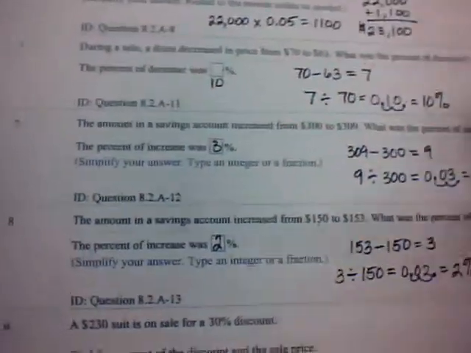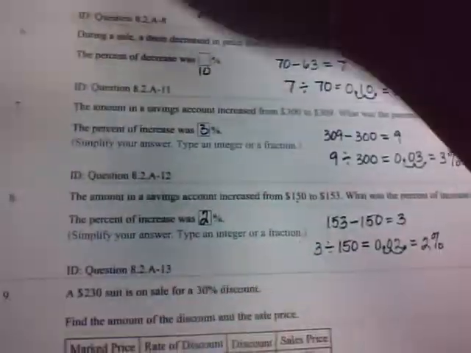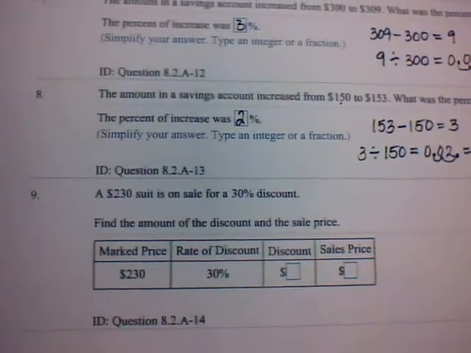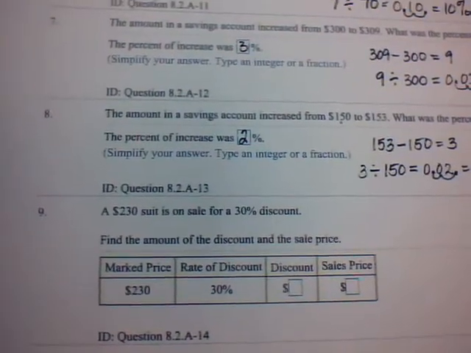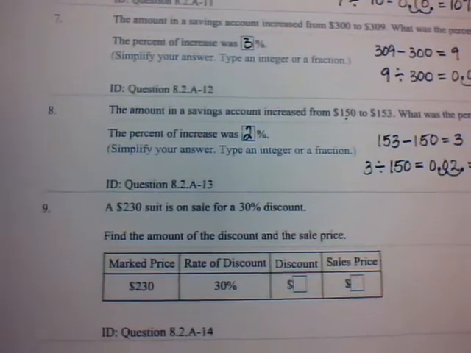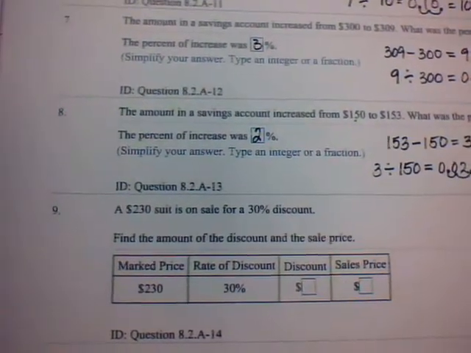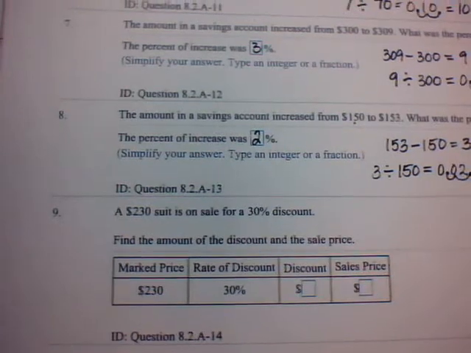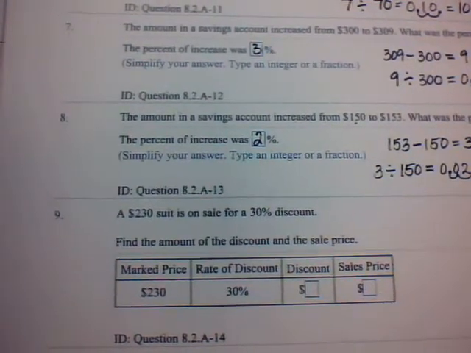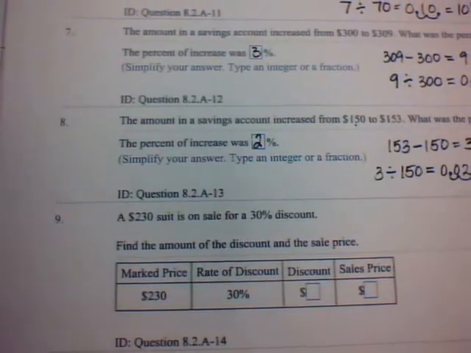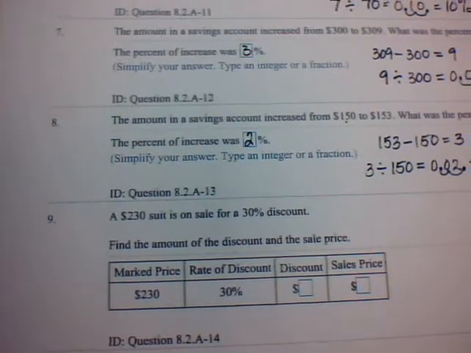All right, number 9 was a $230 suit, and it's on sale for a 30% discount. Here you want to find the amount of the discount and the sale price. So the marked price was $230 and the rate of discount was 30%.